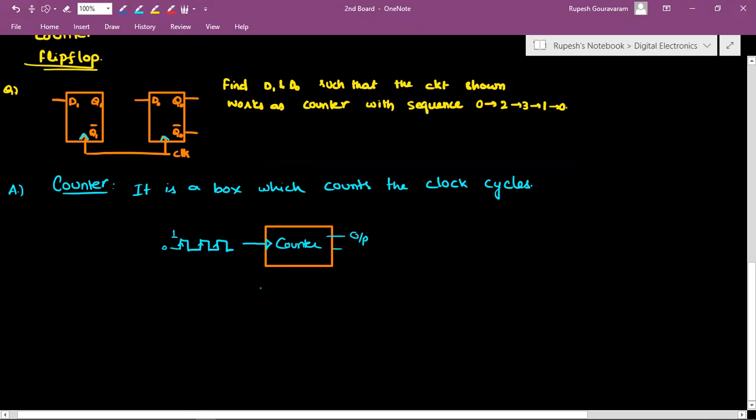So counter is this. Now what is a mod number for a counter? Mod number is the maximum number of clock cycles counted by the counter.